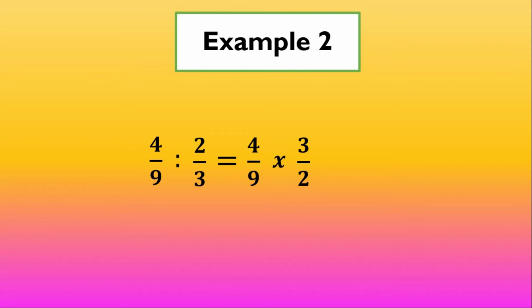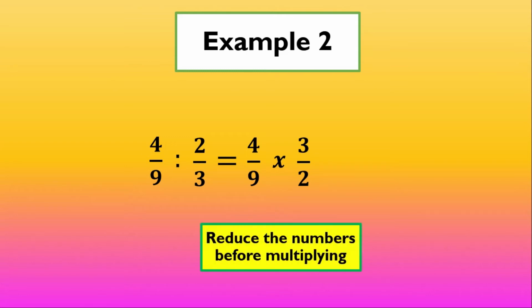Take a look at those fractions. To make calculation easier, we can reduce or cancel by dividing the numerator and denominator by the same number. 4 and 2 are divided by 2. 3 and 9 are divided by 3.